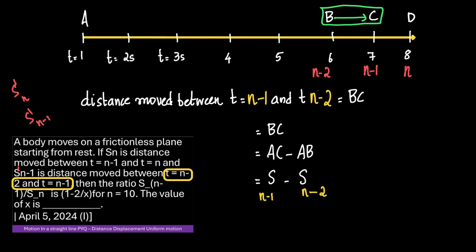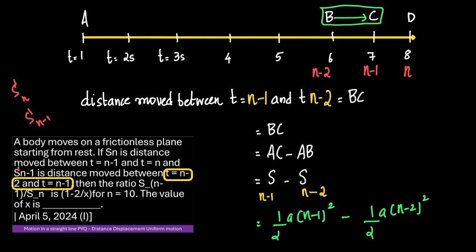And what is AB? AB is this distance here, S6, which in this question is Sn minus 2. And maybe you can write down here, what is Sn minus 1? It should be half A into n minus 1 square. What is Sn minus 2? It should be half A into n minus 2 square.